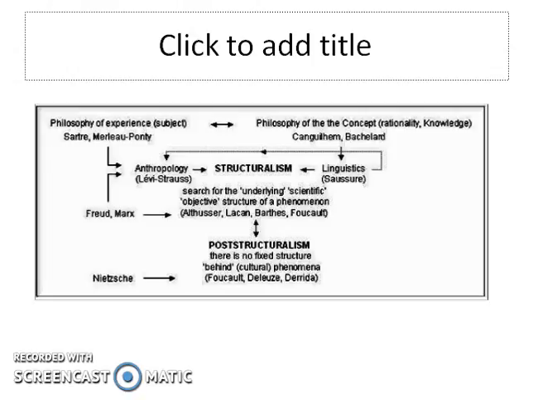If you quickly look at this diagram, you see that structuralism draws on anthropology as propounded by Lévi-Strauss, and linguistics as given to us by Ferdinand de Saussure. So they search for the underlying scientific, objective structure of the phenomenon.